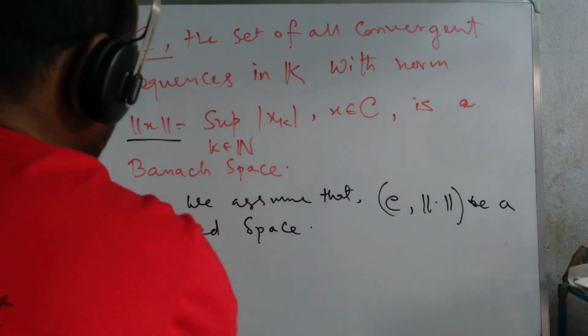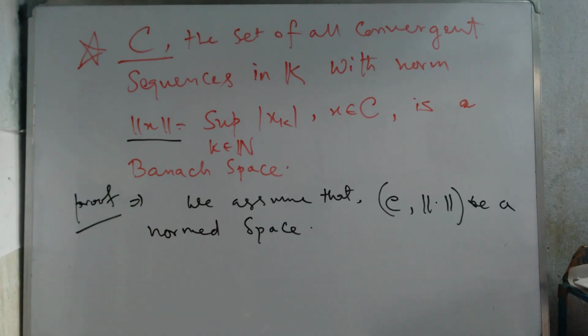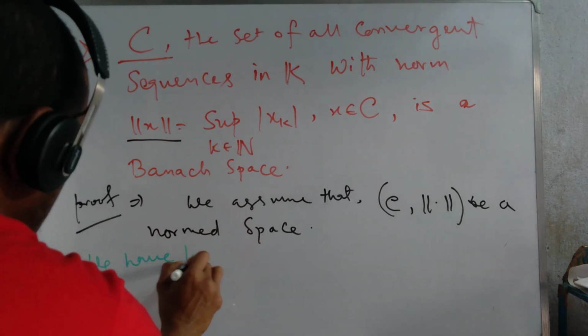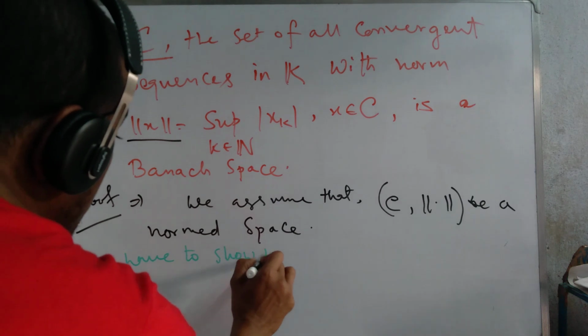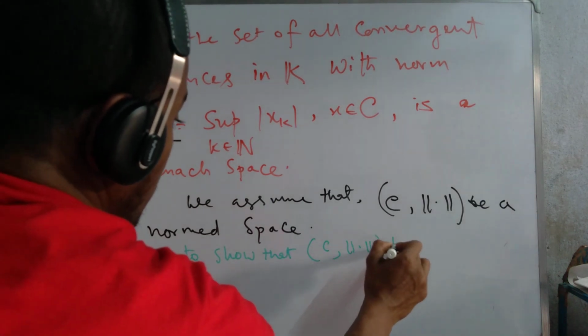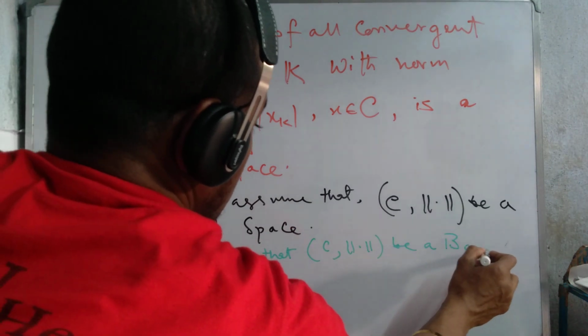We also proved it in the previous class, but today we have not done it. So we assume this one. Now what we have to do is show that (C, norm) is a Banach space.